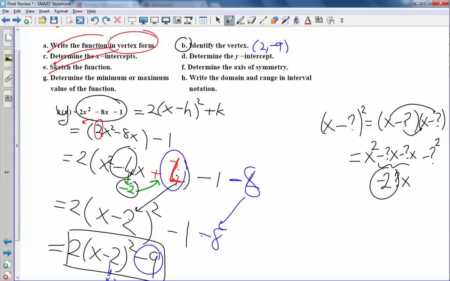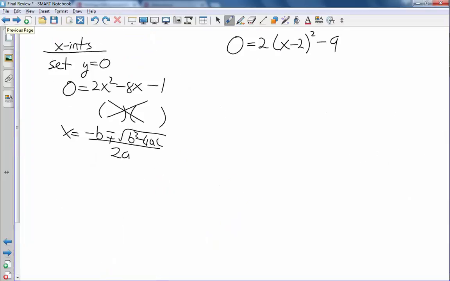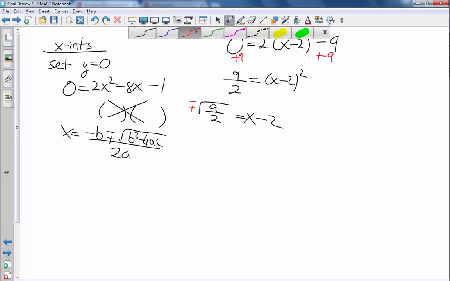Yep, -9. Now look, I will add 9 to both sides. Divide by 2. Take the square root. And don't forget the plus and minus. And add 2 to both sides. All done.